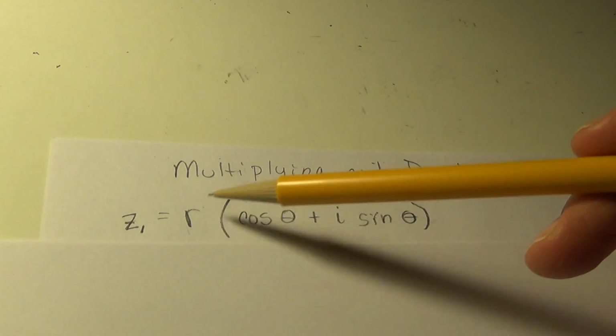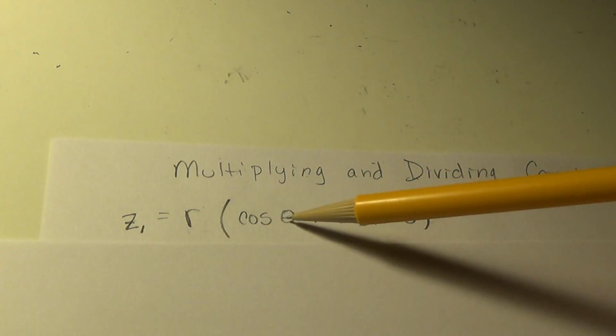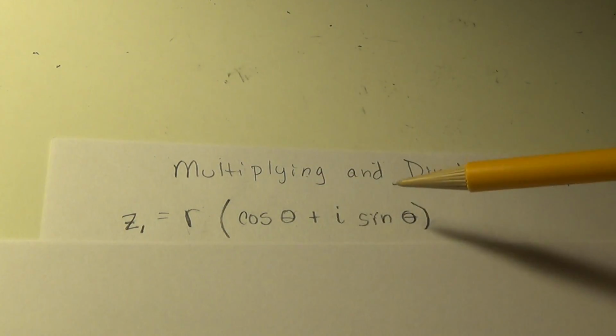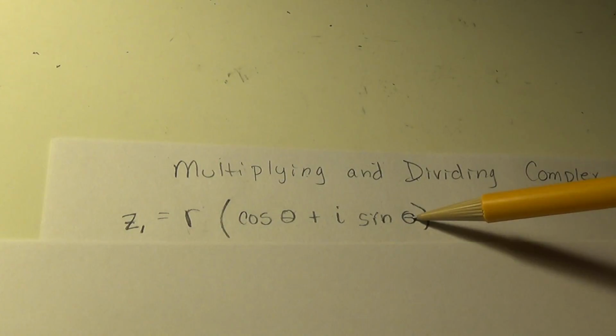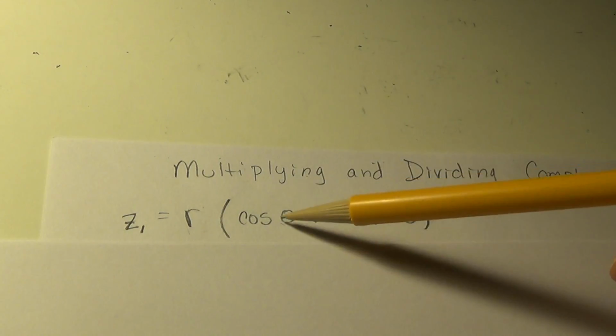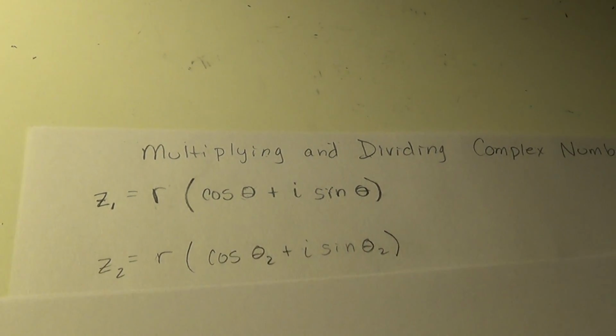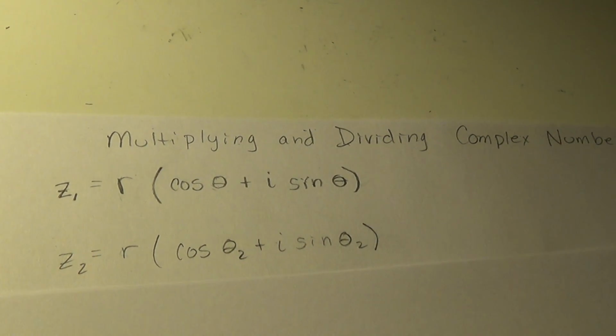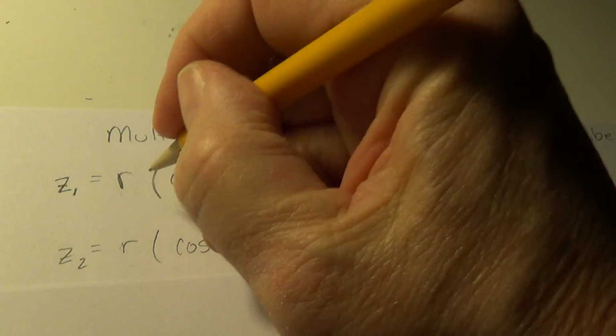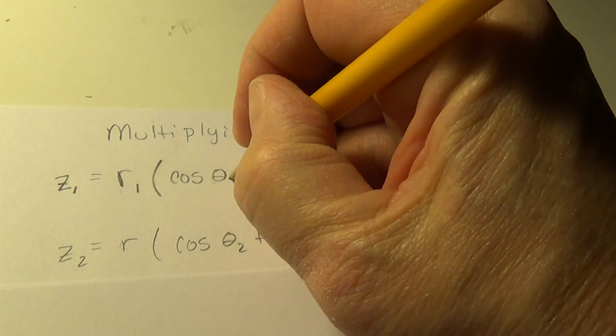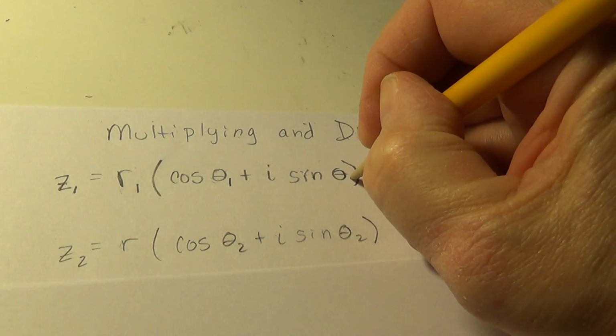So we have radius times cosine of the angle plus i times the sine of the angle, and these angles are always the same. Let's call this r sub 1, cosine theta sub 1, sine theta sub 1.